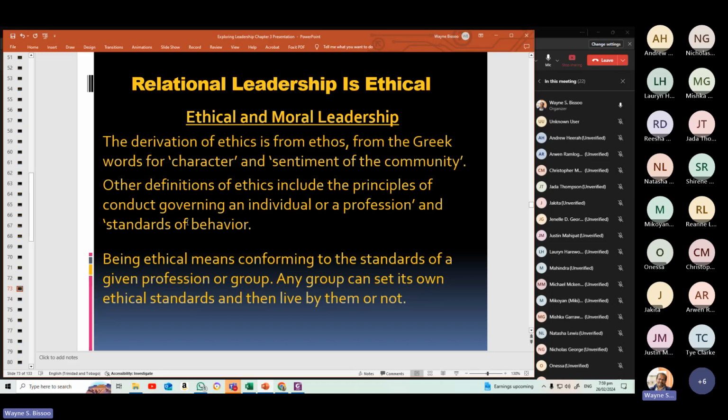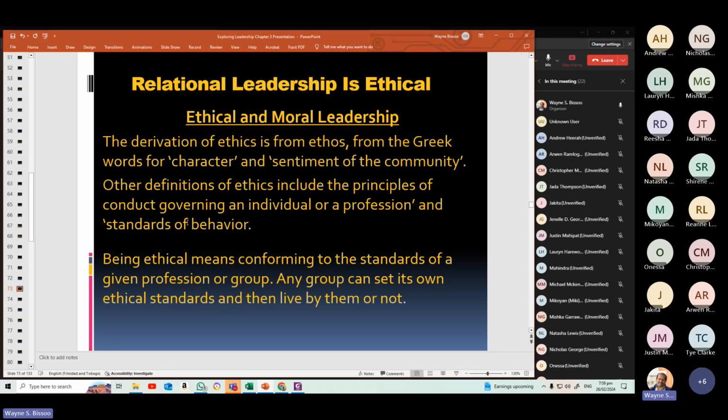Now, ethics has become one of the biggest concerns not only in leadership but also in professional activities around the world.